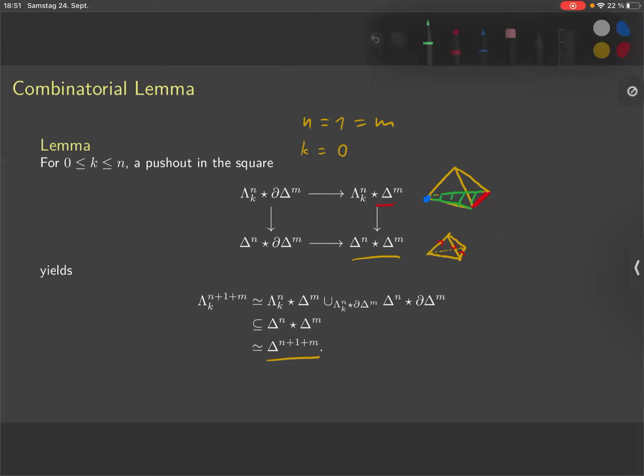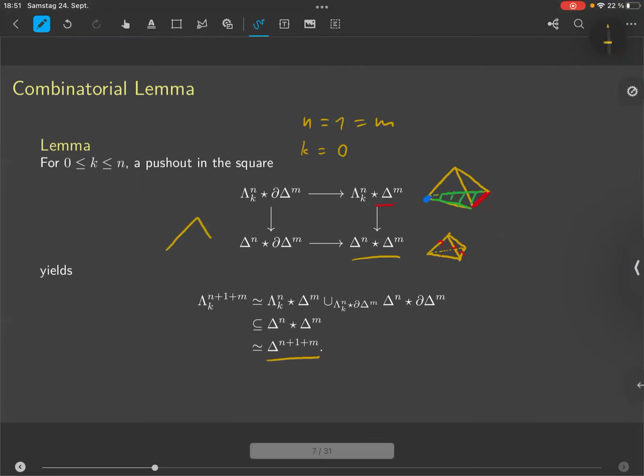Similarly, on here, what we get is, my pen does not always work as I want, but okay.